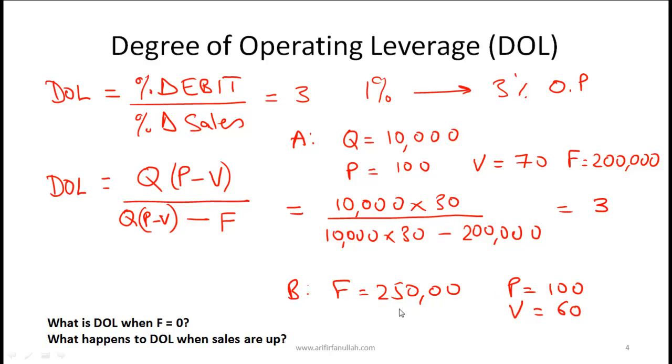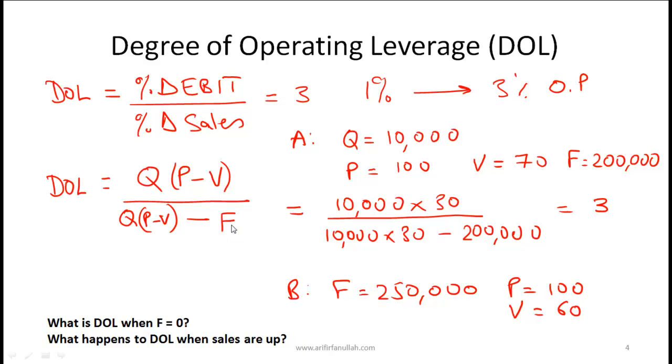You will notice that the degree of operating leverage is going to be higher for company B, and this also means that the operating risk for company B is higher, because it needs to sell bats worth at least 250,000 in order to make an operating profit. A couple more items. What happens to degree of operating leverage if we have no fixed costs?